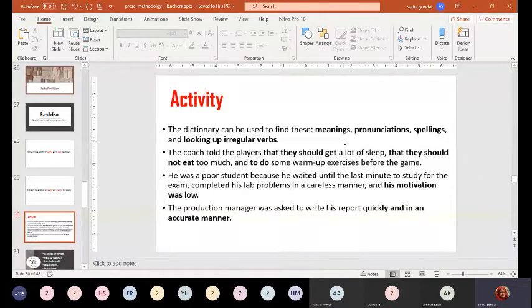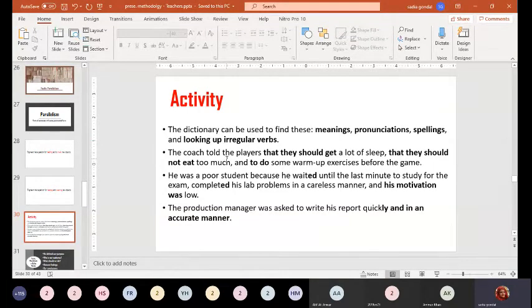We're all talking about nouns: meanings, pronunciations, spellings. And what we did, we added a verb with irregular verbs. So we should not be doing that. If we were continuing with nouns, we should have continued with nouns: meanings, pronunciations, spellings, irregular verbs. We should not have added the verb looking up over here.